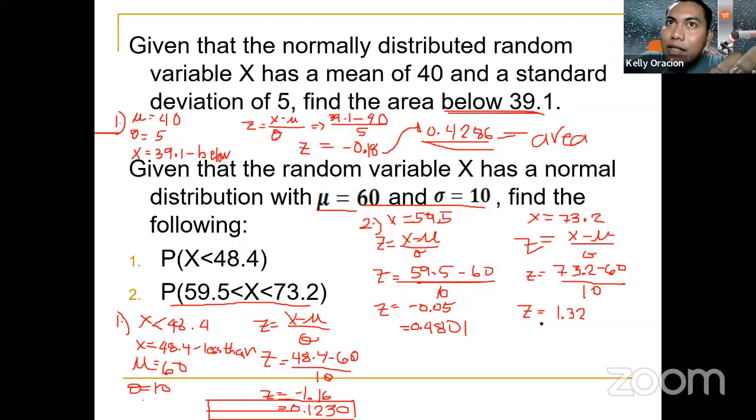And what is the tabular value? What is the tabular value? 0.9066.